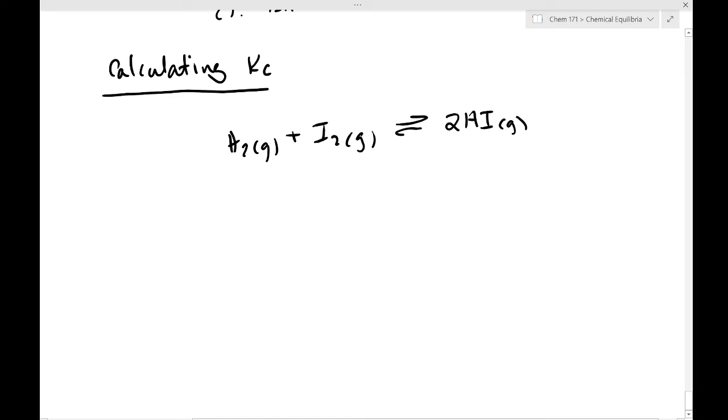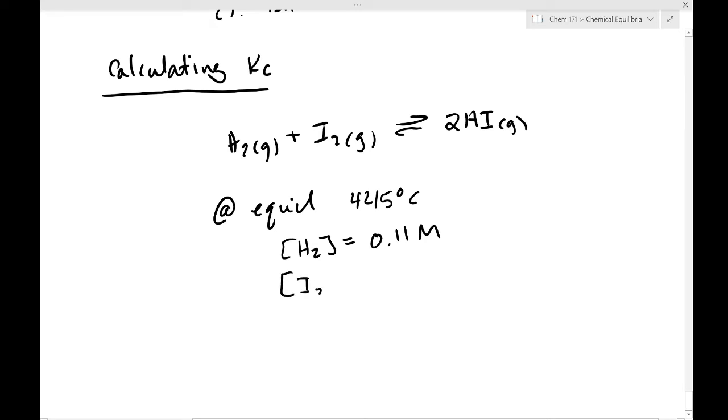This is at equilibrium at 445 degrees Celsius. And the concentrations that we read for these are hydrogen gas equal to 0.11 molar, iodine gas equal to 0.11 molar, and HI equal to 0.78 molar.